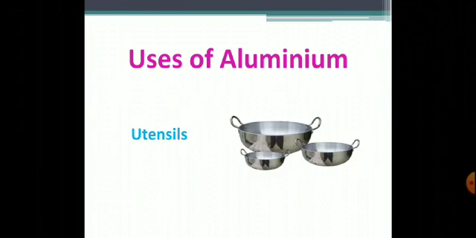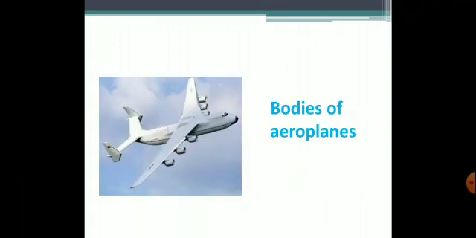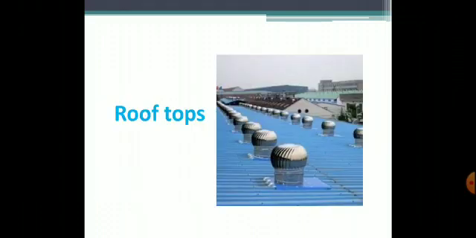Next, let us see the uses of aluminium. Aluminium is very cheap and it is a light metal. As a result, aluminium is used in daily household utensils, trays, frames, bodies of automobiles and bodies of aeroplanes. And we are also using aluminium on rooftops. So why are we using aluminium?